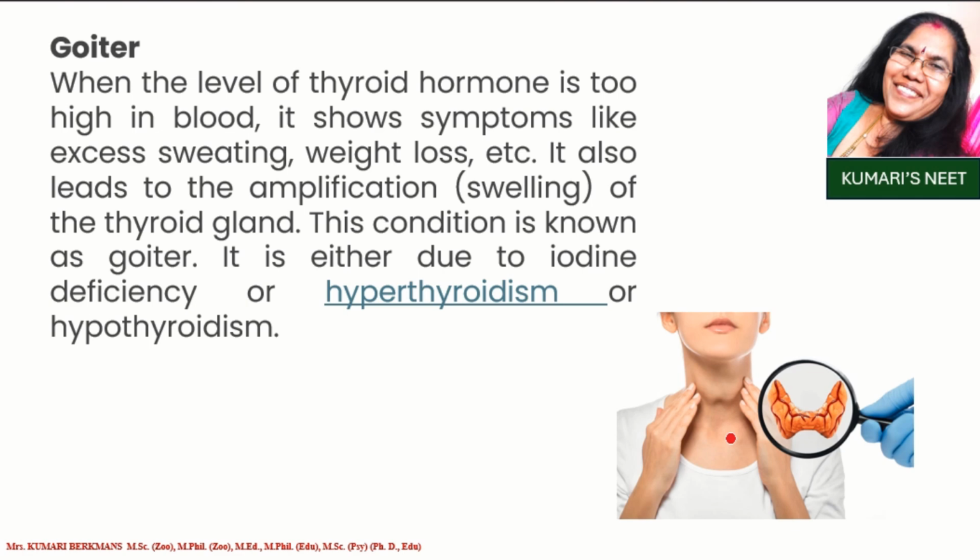You can see here clearly, and this condition is known as goitre. This is either due to iodine deficiency or hyperthyroidism. Hyperthyroidism means over-secretion of the thyroid hormone. So this leads to goitre.